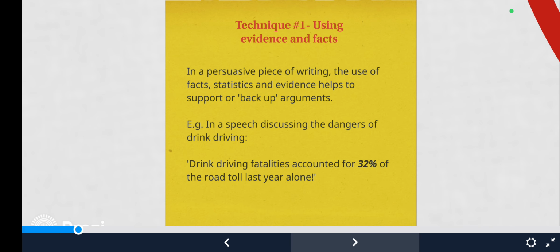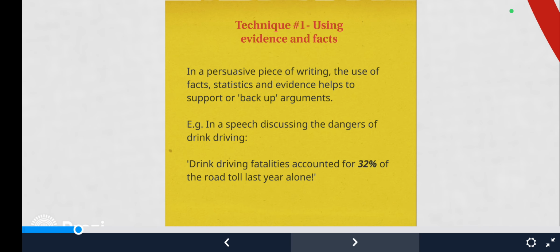Here's an example. In a speech discussing the dangers of drink driving, we can say, drink driving fatalities accounted for 32% of the road toll last year alone. As you can see, here we're talking about drinking while driving.